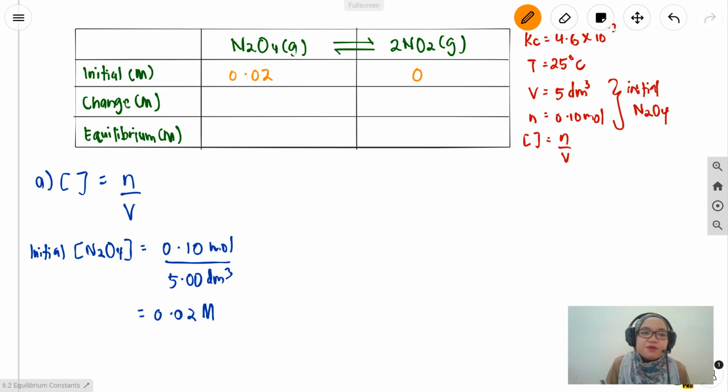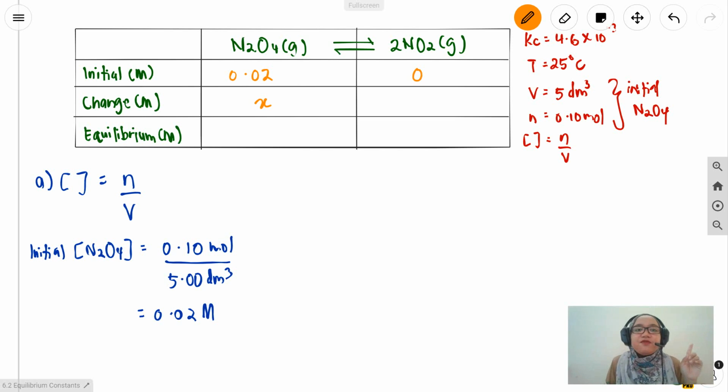Now, change. So what are you going to put here? Here you are going to put the unknown, where you want to put X. However, for this one, you need to know whether the sign is negative or positive.